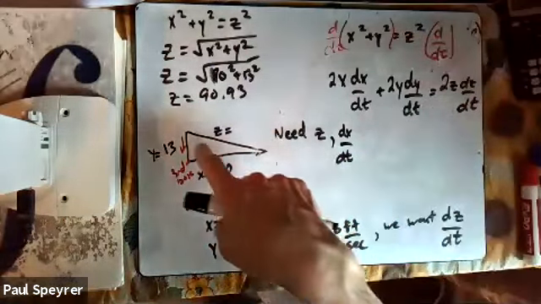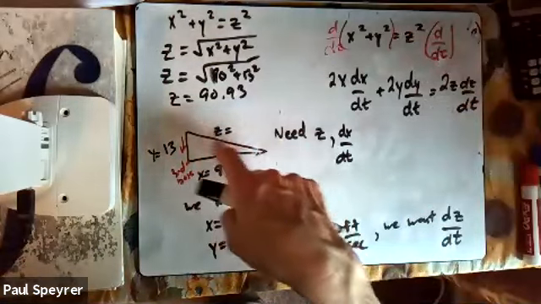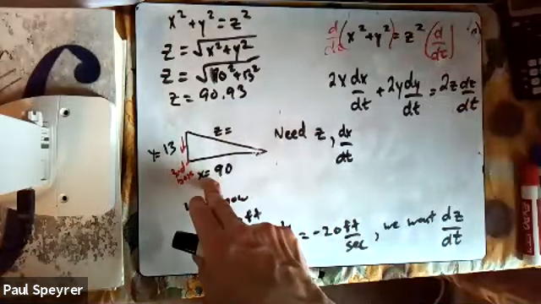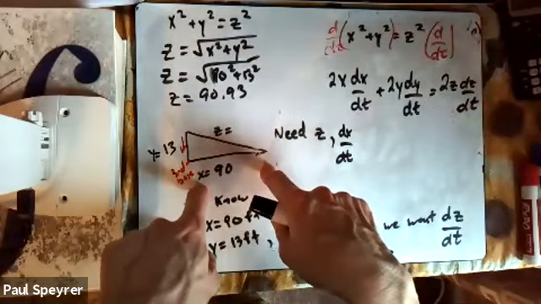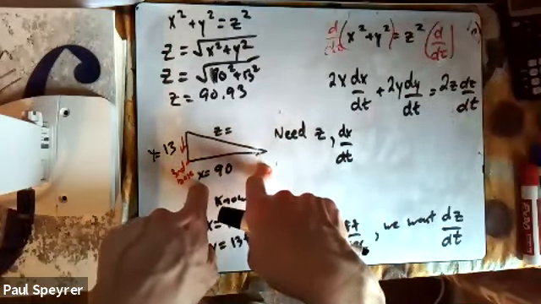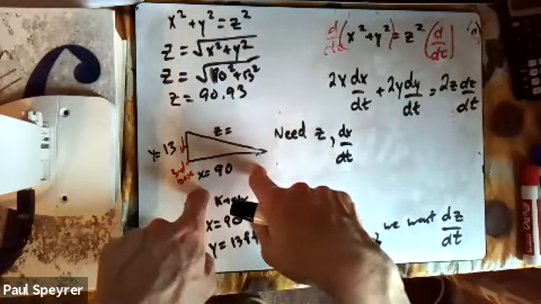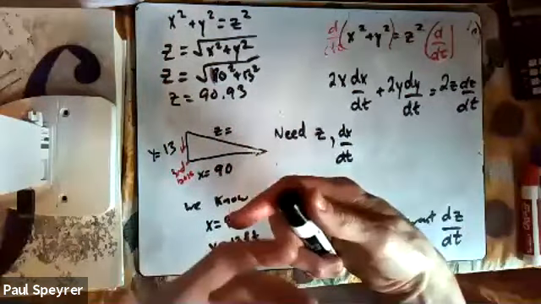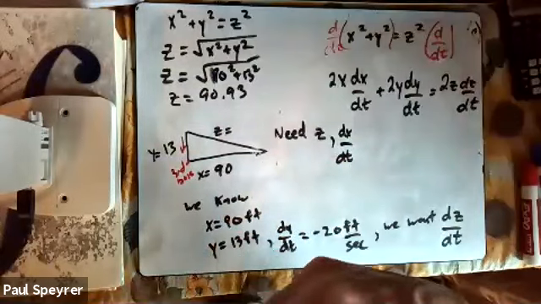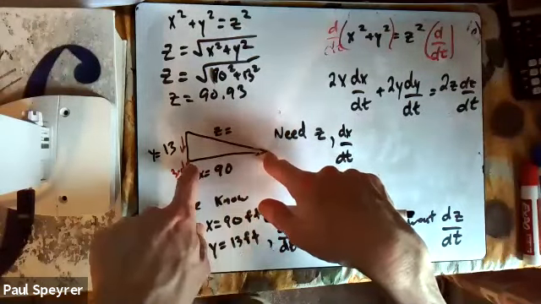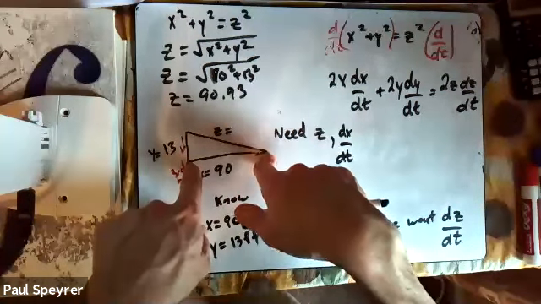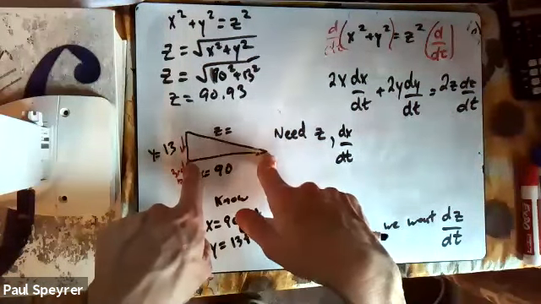Only the length of z is getting shorter or longer in this case. The distance of 90 feet is never going to change, just like the ladder is always 13 feet. The distance from home plate to third base will always be 90 feet. That distance will not change, okay?